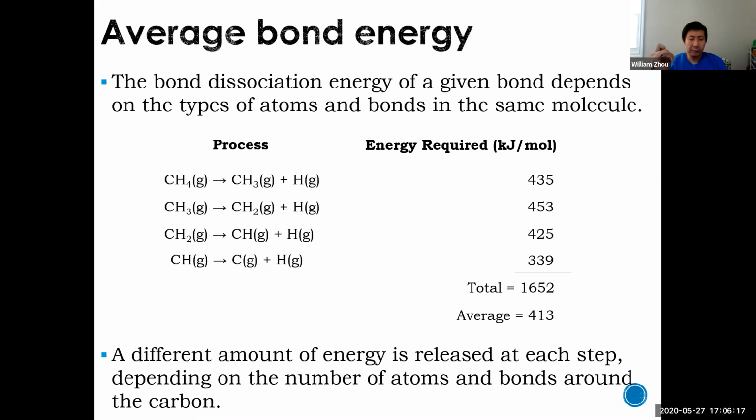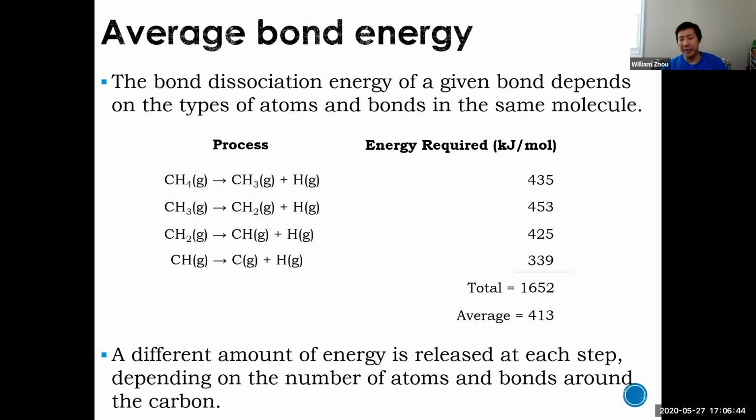What does that mean? Well, imagine methane, CH4. We have 4 hydrogens for 1 carbon. If you remove the first hydrogen, well, you need energy for that. How much energy? Well, the first row says 435 kilojoules per mole. If you want to remove 1 hydrogen from methane, you will require 435 kilojoules per mole of methane.